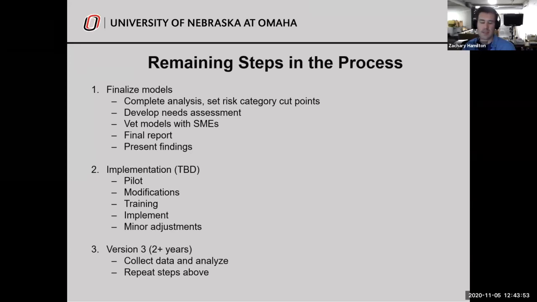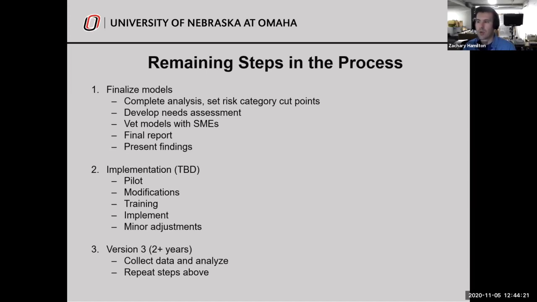We have some remaining steps outlined here in the process. We're going to seek to finalize these models. Like I said, we're still in the preliminary stages. We've created the sample, we've matched the sample, we've run our initial preliminary models, but there's still some refinement to do to complete that analysis. And then we'll go about setting those risk category cut points, identifying where we set the cut points to say who's low, moderate and high risk, and the proportion of youth that will fall into each one of those categories.